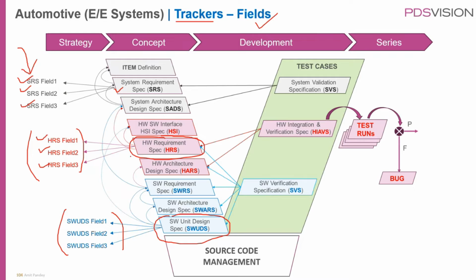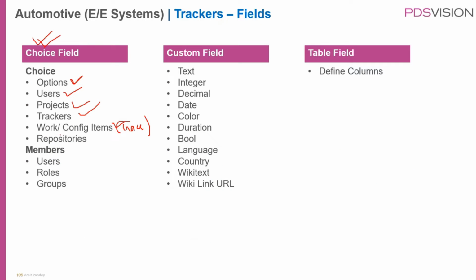Suppose if I go back, if I want to create a link from here to here, and this link does not exist, and I want to create this trace or the traceability, then I can create a choice field on software requirement spec, and I can choose work item, so that when I create this requirement spec, I will have a field to go and select a hardware software interface spec. That is what is meant by work item or work config item.